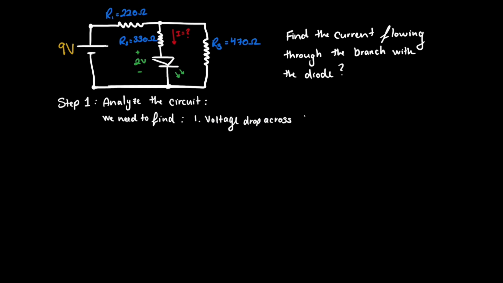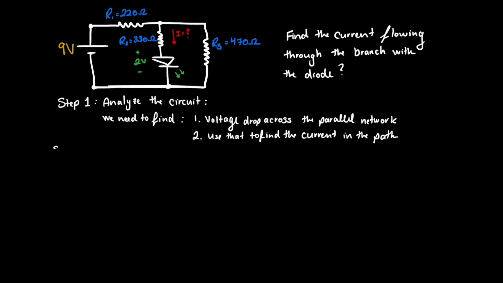Path B, on the other hand, contains a single 470 ohm resistor, R3. So the current that flows from the battery through R1 then splits into two paths, one through the LED and R2 and the other through just R3 before returning to ground. Our job is to find the current flowing through the LED branch, or path A.